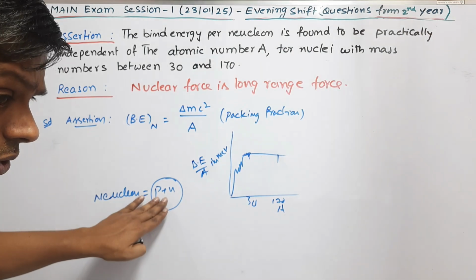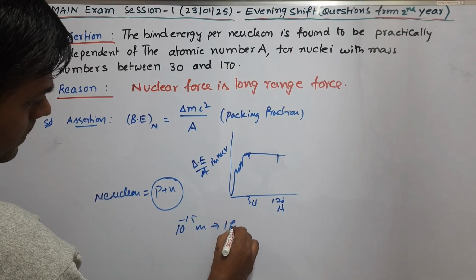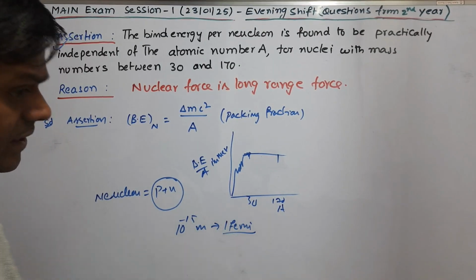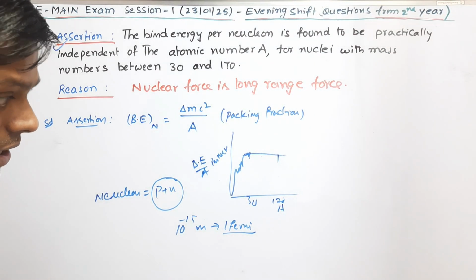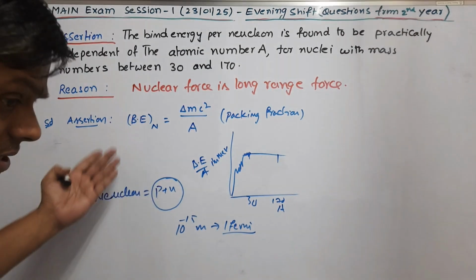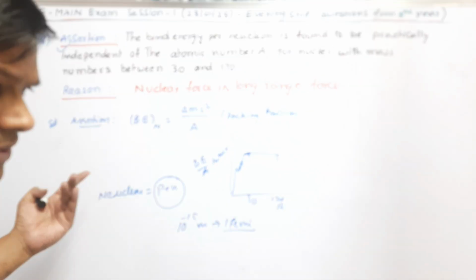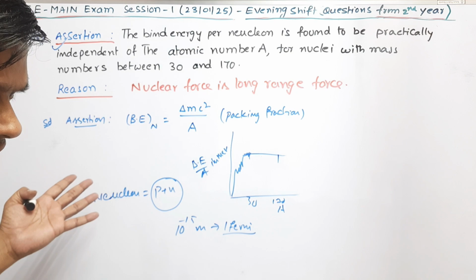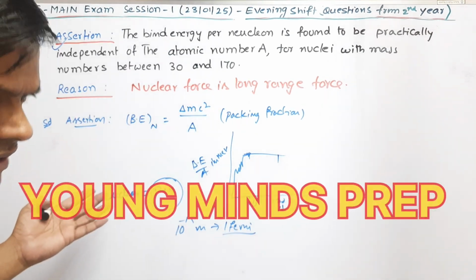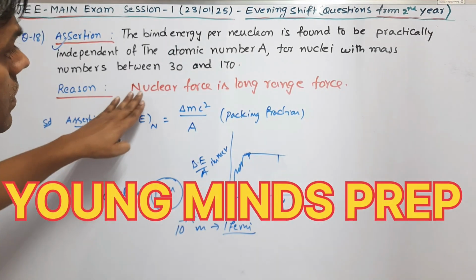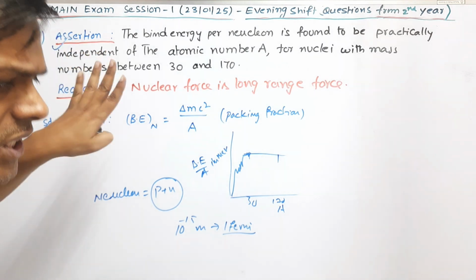The nuclear forces are very strong in the order of 10 power minus 15 meter, which is 1 Fermi. Within this range only they are very strong. When nucleons come outside the nucleus, they decay or are absorbed by other materials. That's why nuclear forces are very short range in nature.